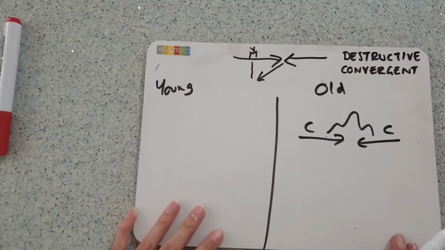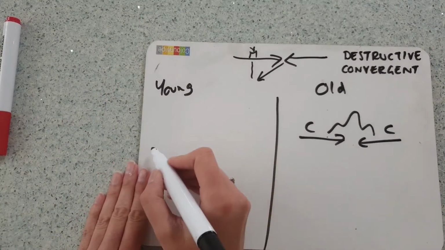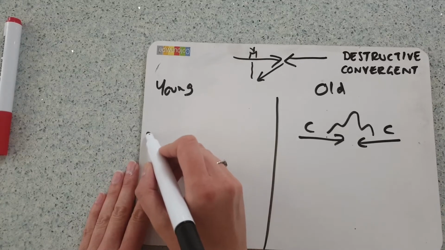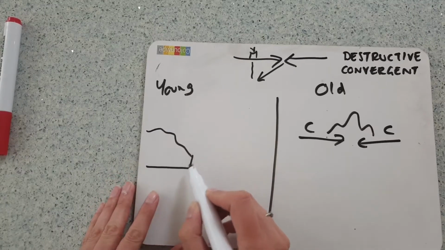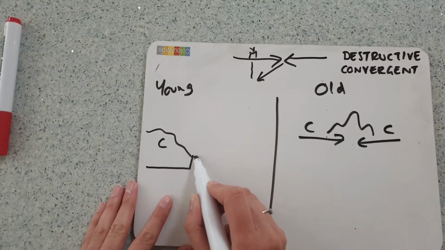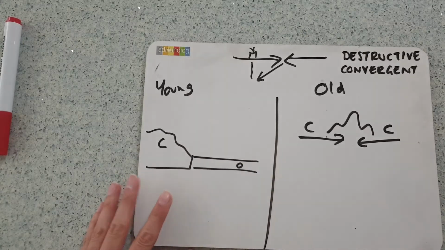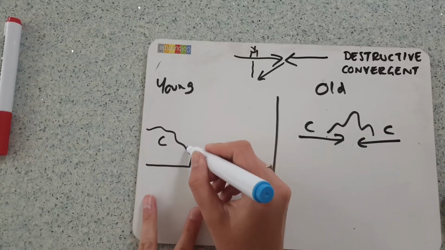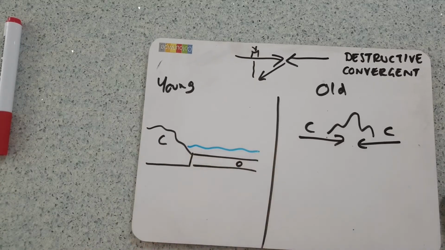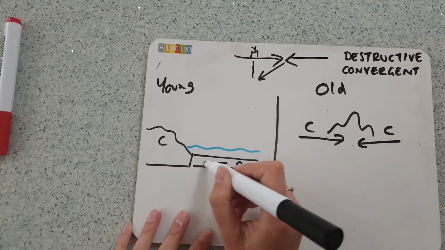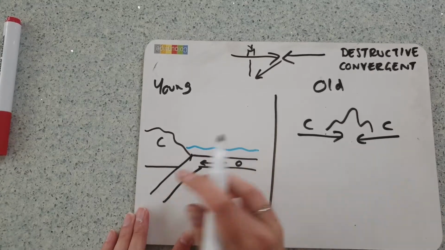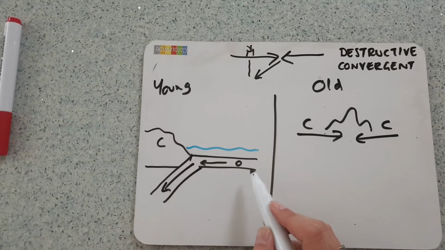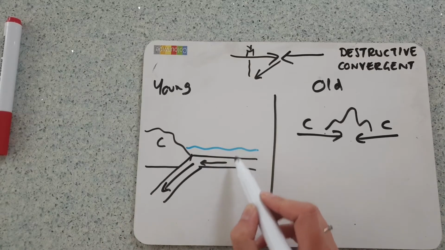Younger ones, not so. So young fold mountains happen when you get a continental plate, attempt to draw this one, meeting an oceanic plate. As I said before, your oceanic plate is always going to subduct below your continental one because it's going to be denser because it's got the weight of the water compressing it.